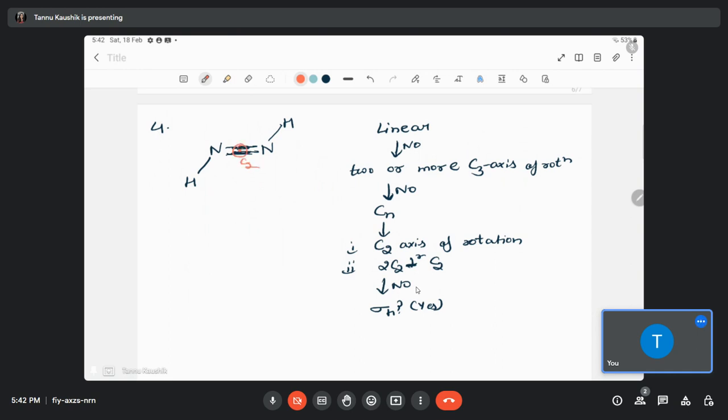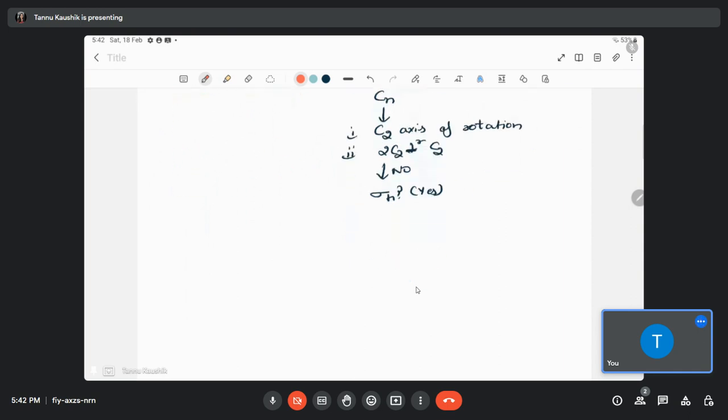This is the C2 axis, and this is the molecular plane, which is sigma H. So we have a sigma H plane present here. So this is C2H point group.